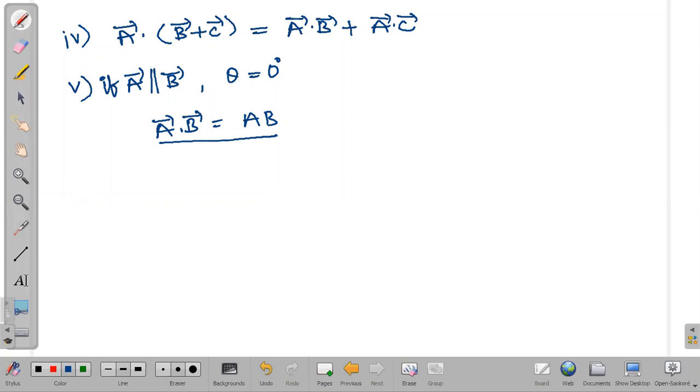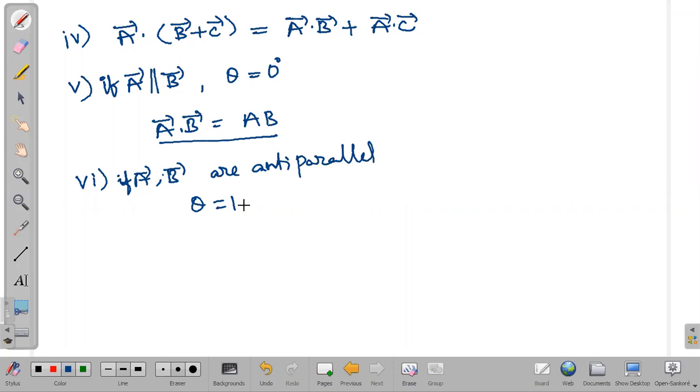Next, one more thing we write: if A bar and B bar are anti-parallel, what happens? The angle between them becomes theta equals 180 degrees. Cos 180 degrees will become minus 1.